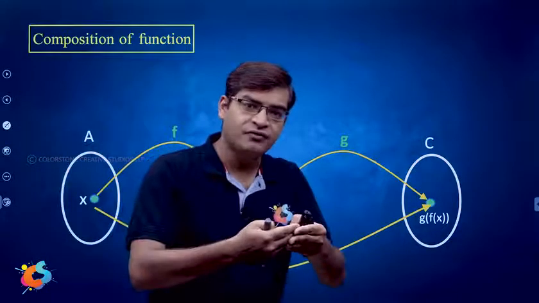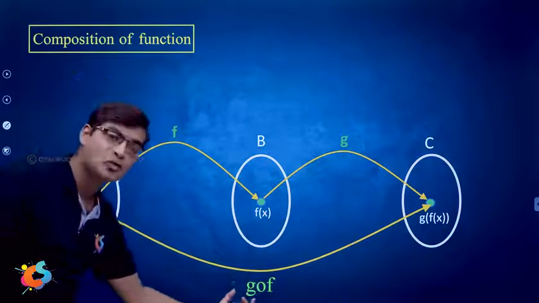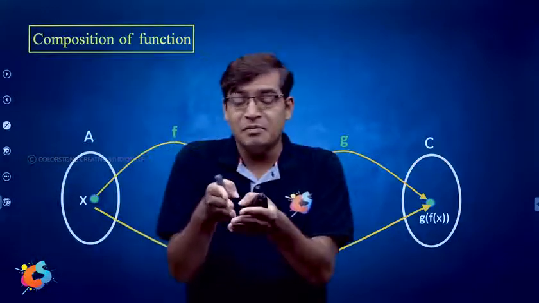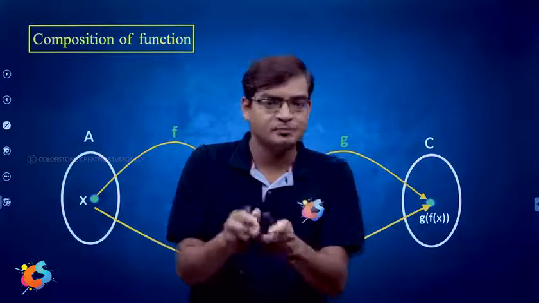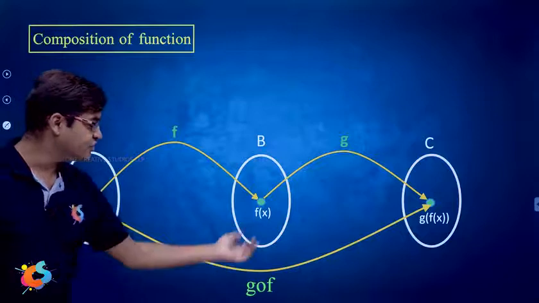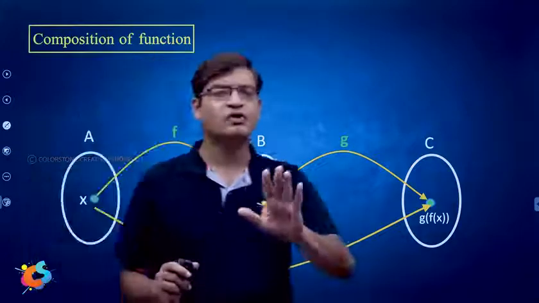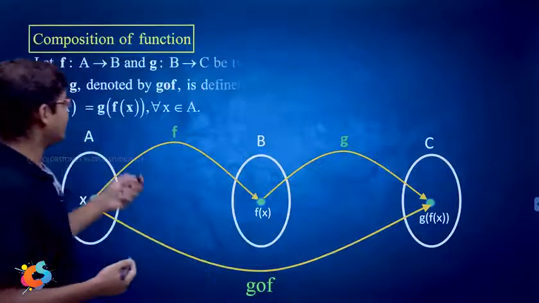Because of two functions, this is the result. Therefore, this is a composite function. As I told you, composite means a mixture of two things, like two functions acting together. First f is acting, next g is acting. The way you write it is g circle f. This is a composite function. Simple. There are two functions which are acting. That's all.